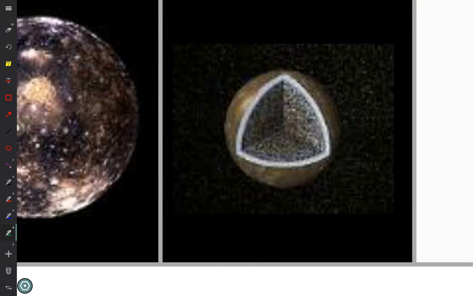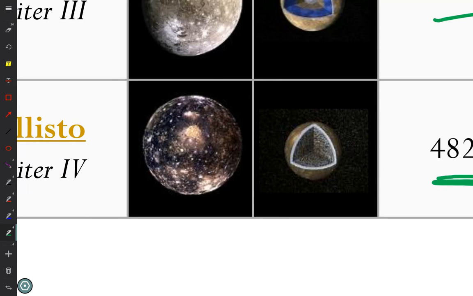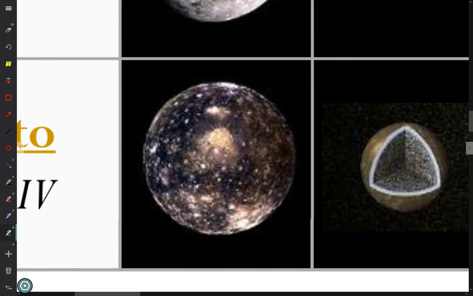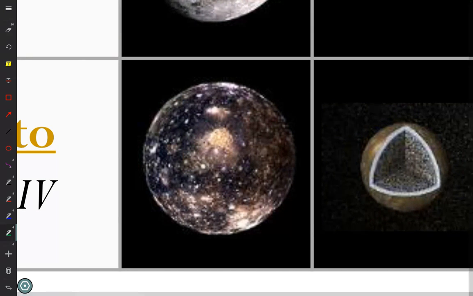Callisto, the artist's conception here doesn't look like the others. I don't believe Callisto has any liquid water anywhere. Everything's frozen. It has a frozen exterior. And if you look at the exteriors of these, you see lots of pockmarks, signs of collisions, right? So you have to have a fairly old surface to still have signs of lots of collisions because the frequency of collisions has dropped over time.